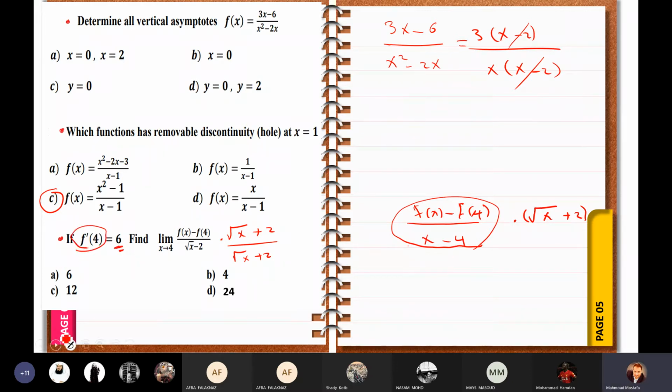It's 6. This one we substitute by x equals 4. So 6 multiplied by square root of 4 plus 2 equals 24.